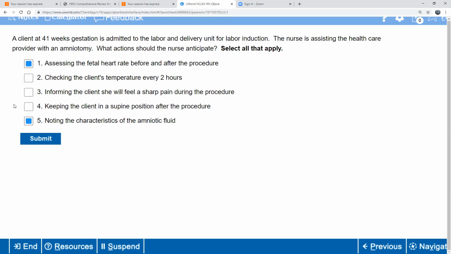So what about the position? Maybe like every hour. They take the fluid from the umbilical cord.